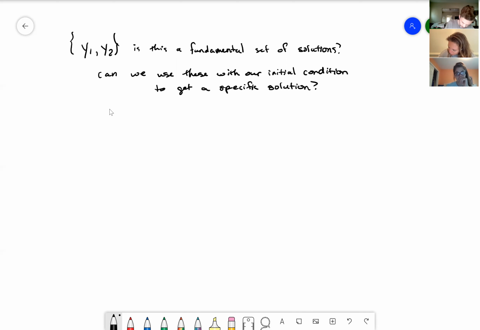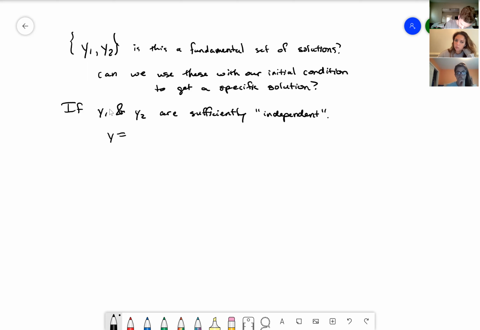Another way to put this: we want to know if y1, y2 are sufficiently independent, and we'll make that notion more precise as we go on. Independent such that any solution can be found as a linear combination c1 y1 plus c2 y2 of these two solutions.